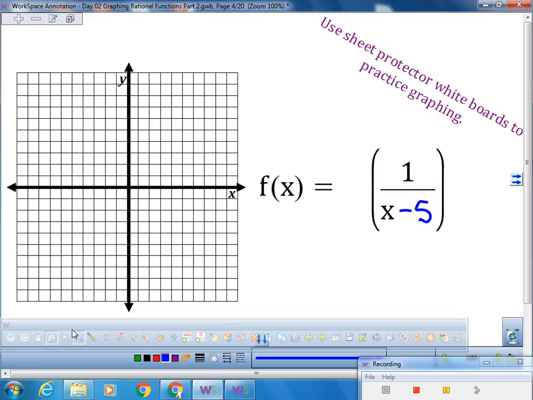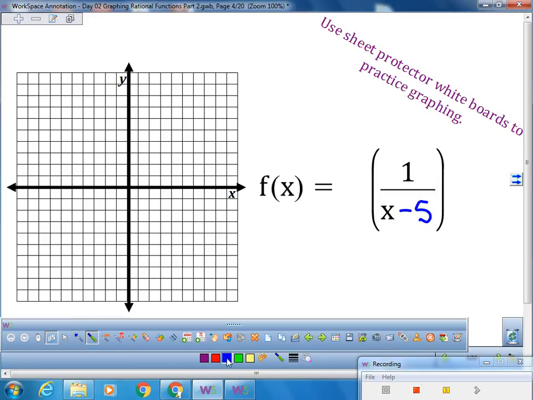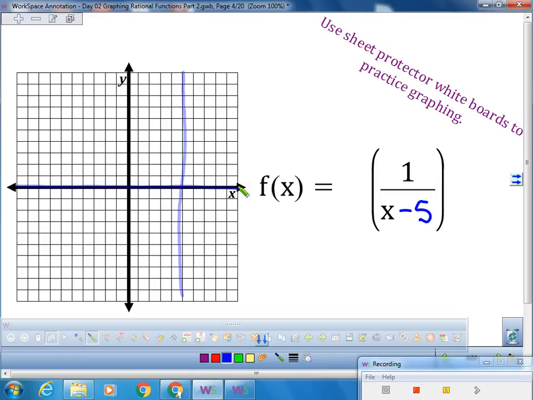So the first thing I need to do is plot my asymptotes. So I'm going to shift to the right 5. 1, 2, 3, 4, 5. I'm not going to shift on the y at all because there's nothing out here.